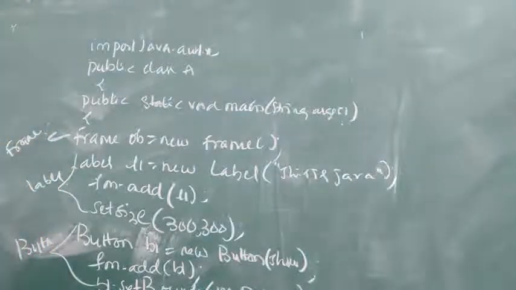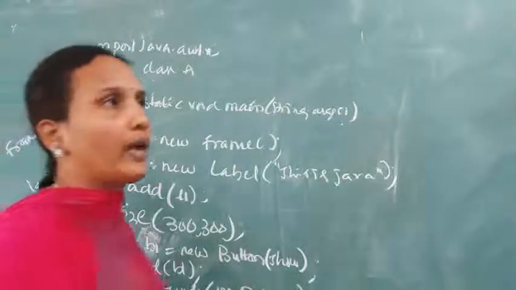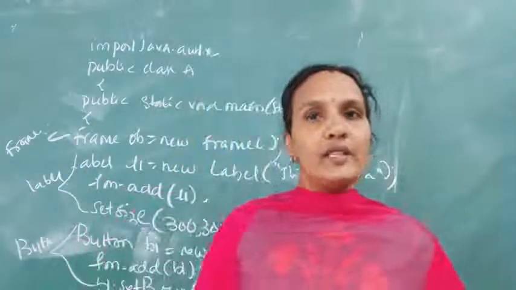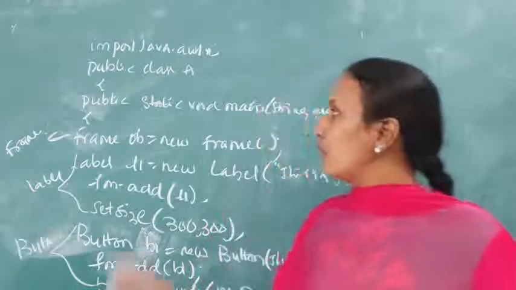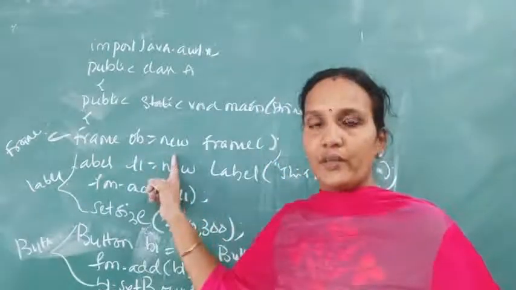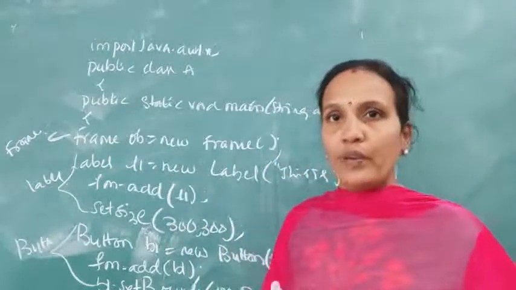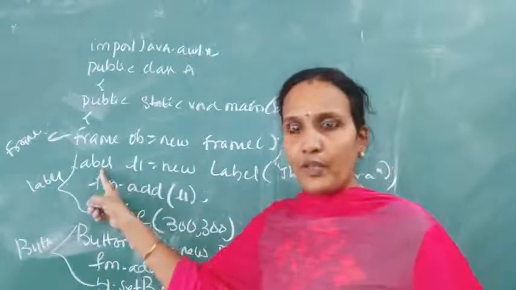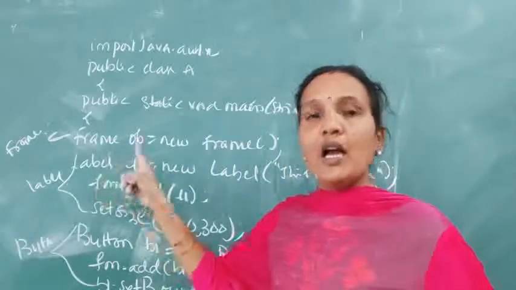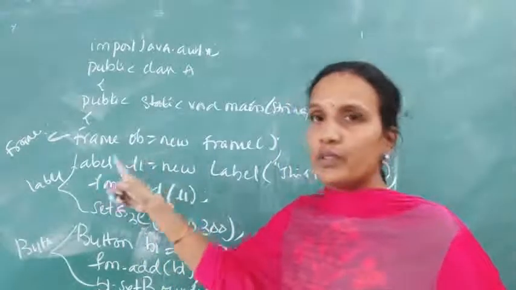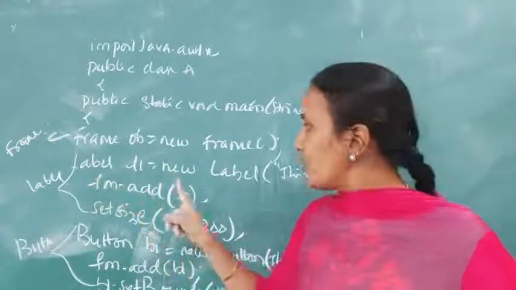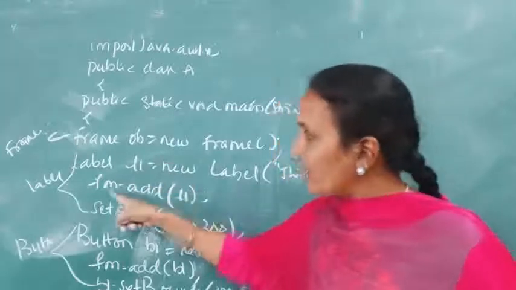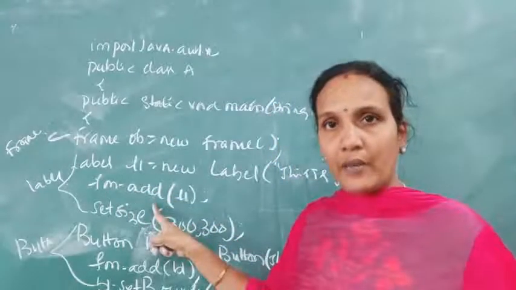So like this, whatever component you want to add on the browser window, for each and every component, first you should create a frame object. After creating a frame object, you should create an object for a component. Here label is a component. After creating an object for the component, you need to add that object on the frame by using the add method.